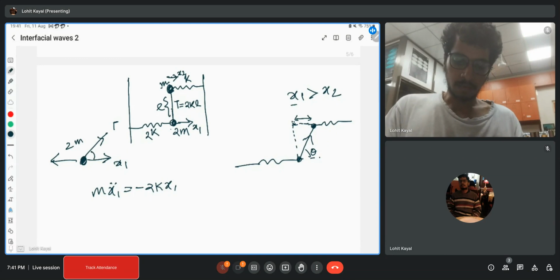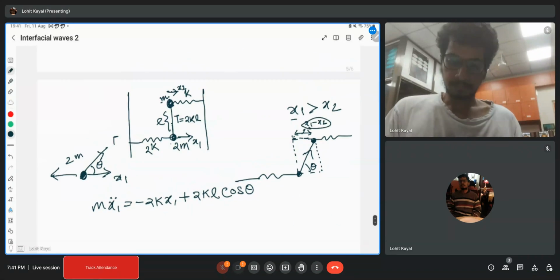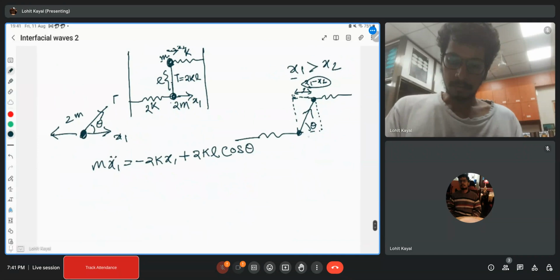If I define the angle as theta, there will be a t cos theta force acting on the horizontal axis, plus 2k L cosine of theta. And now what is cosine of theta? What is this amount? This amount is x1 minus x2.